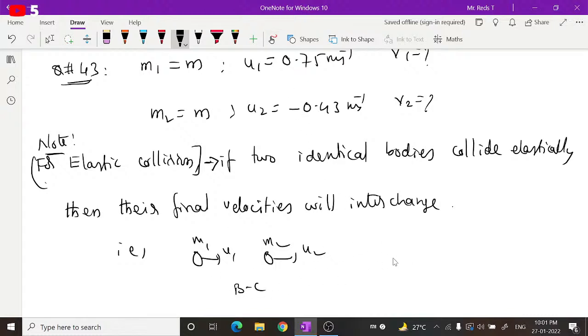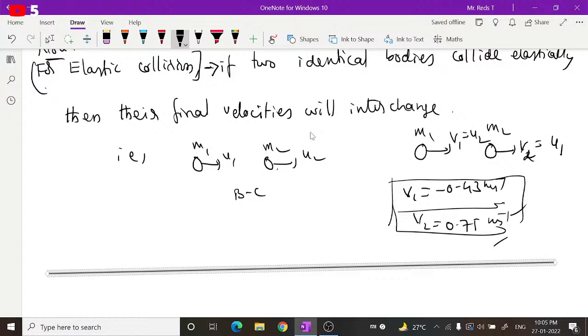If they collide elastically, their final velocities are v1 and v2, and in elastic collision the velocities interchange. The velocity of the first body will be given to the second one. That means u1 will be given to this, so v2 will be equal to u1, and this will be given to that one, so v1 will be equal to u2.